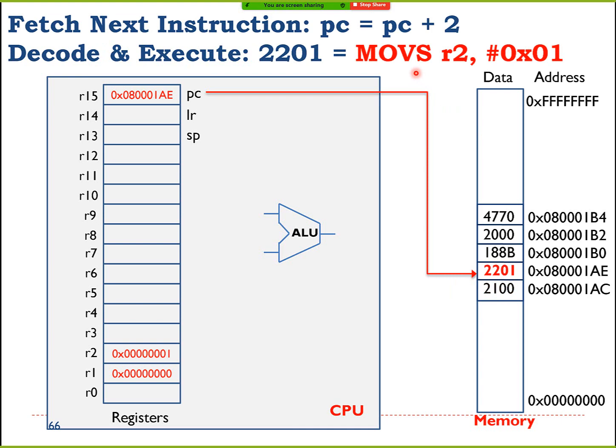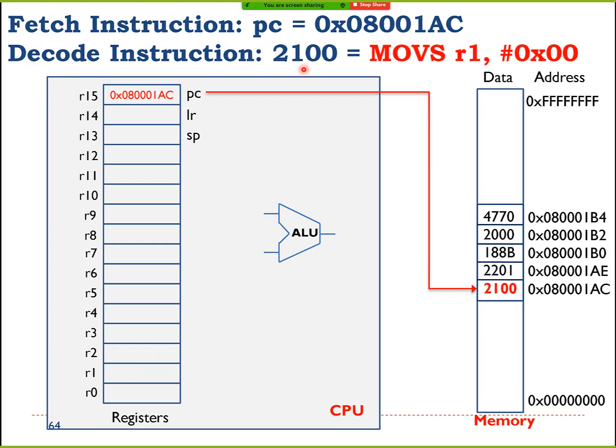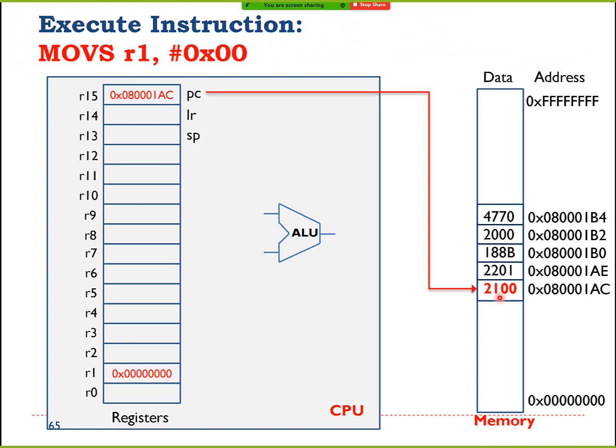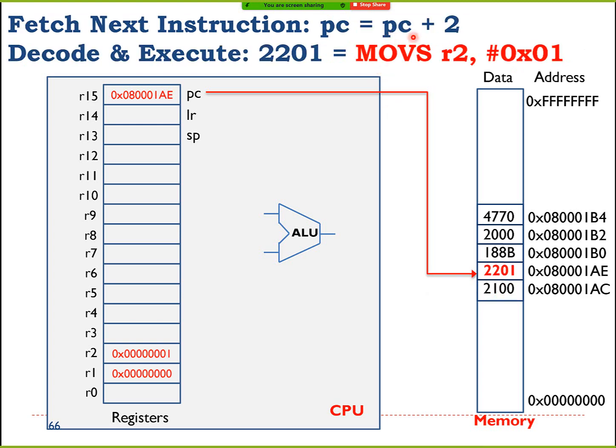So the next instruction is this one. This is my program counter. This is the first instruction, 2100, and then I increase my program counter by 2. So it goes to the next instruction, which is 2201, and if I decode this instruction, it tells me I need to move 1 to R2.